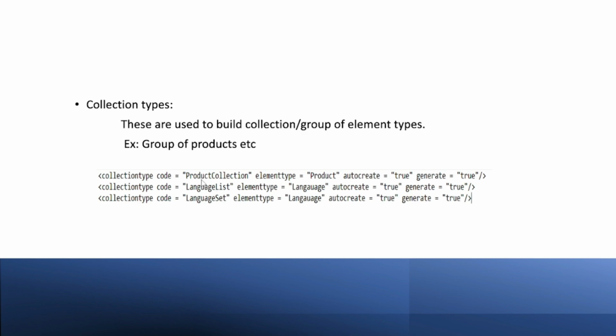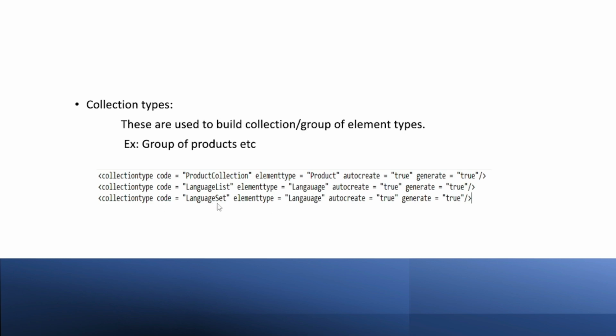Like here we are seeing product collection, which is for the product type, and we are creating collection types for language list, which will store all language type data. Language is another item type available in Hybris.